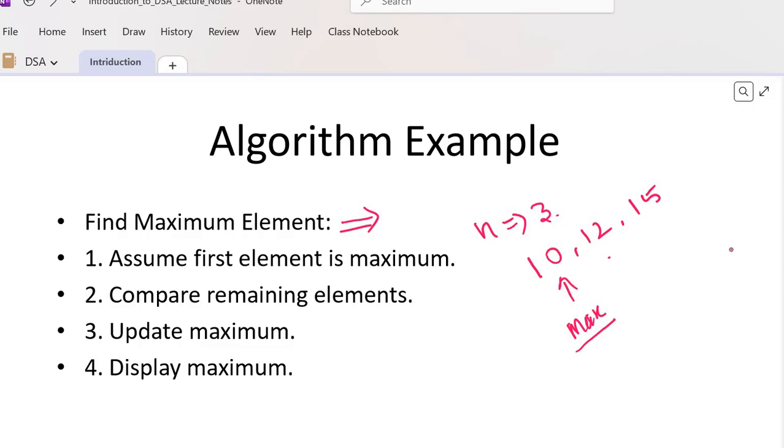Suppose that next element is greater, then the pointer moves to this next element, and it has to update the value of max.